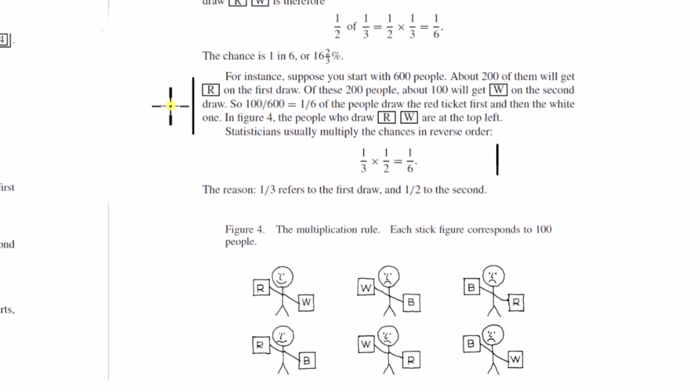Hypothetically, it's completely non-realistic. But they try to make it a little bit realistic by saying that you do this with 600 people. You have this box of 3 tickets. One person comes up and picks 2 tickets from the box, and you note the result. Then they put the tickets back, shuffle it up, have another person come do it, and they write the result.